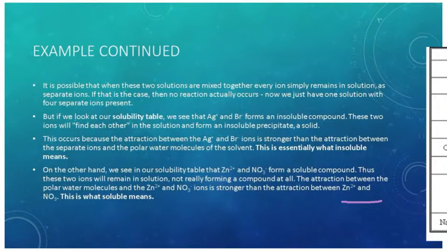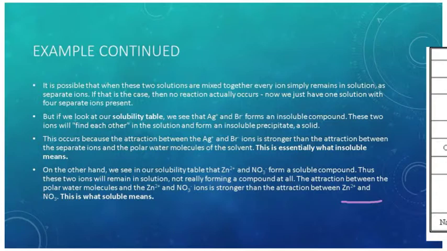This occurs because the attraction between the Ag+ and the Br- ions is stronger than the attraction between the separate ions and the polar water molecules of the solvent. This is essentially what insolubility means. They want to be together more than they want to be with the water. On the other hand, we see in our solubility table that Zn2+ and NO3- form a soluble compound.